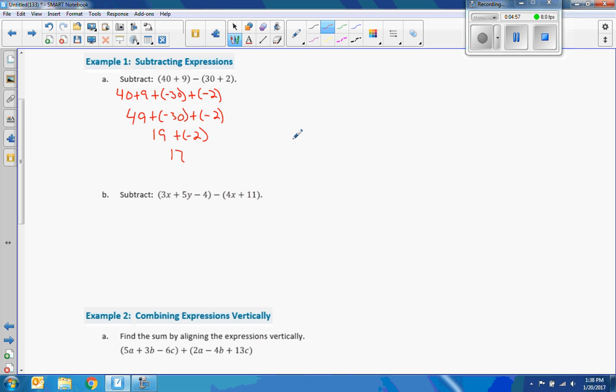Okay? If we did order of operations instead, it would have been 40 plus 9 minus 30 plus 2. And PEMDAS says to do what's in the parentheses first, or GEMDAS, the groupings. This would be 49 minus 32. And 49 minus 32 is still 17.